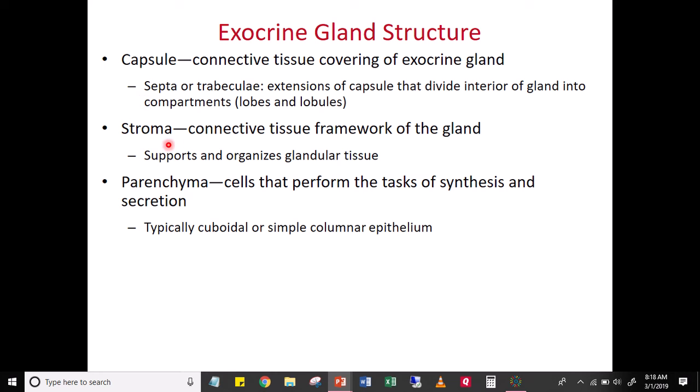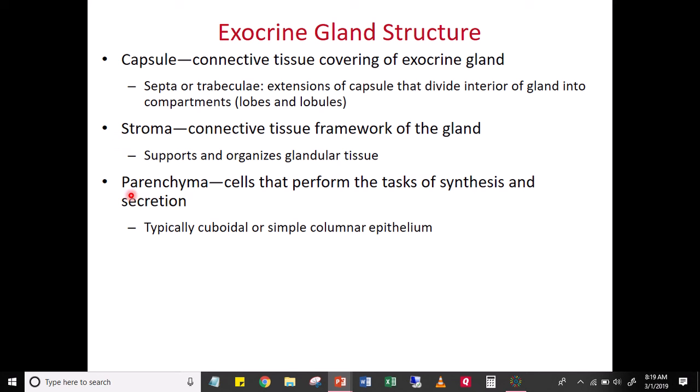We're also going to have stroma. And when we think of the stroma of an exocrine gland, I want you to think of just the structural framework. The stroma of our exocrine glands are going to support the secreting cells of the gland. So the capsule is the membrane around the outside. Stroma are the tissues of the gland that give it structure and shape.